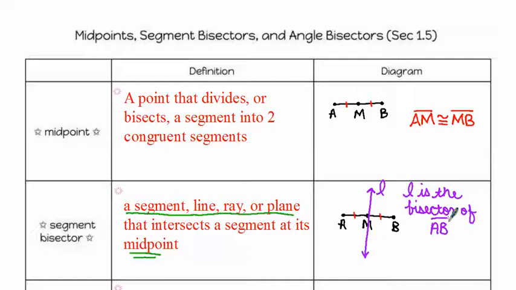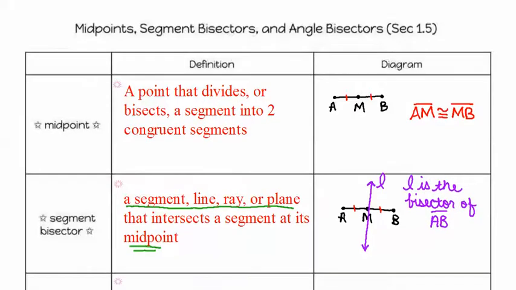We could draw infinitely many lines passing through point M. Likewise, there are infinitely many segments passing through point M. But some object, a segment, a line, a ray, or a plane, that passes through that midpoint. So the object passing through the midpoint is known as the segment bisector. The midpoint is that specific point M. All right, so you've got some relationship then here between these 2 definitions and how they relate to segments.